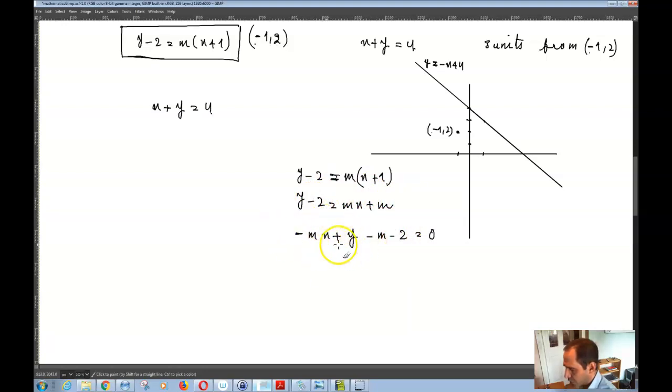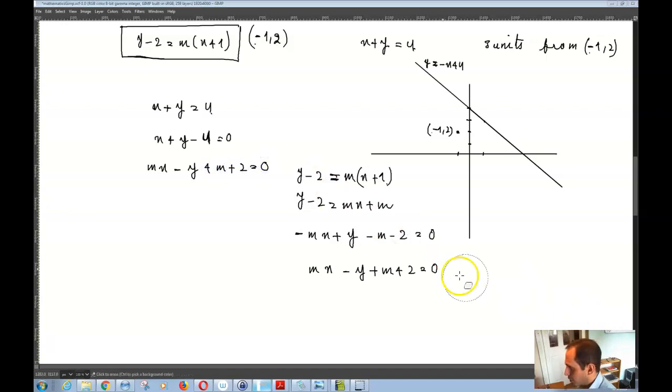If I multiply by negative 1, I'll get mx minus y plus m plus 2 is equal to 0. And I write the other line as x plus y minus 4 is equal to 0. Both of the lines are now in general standard form.